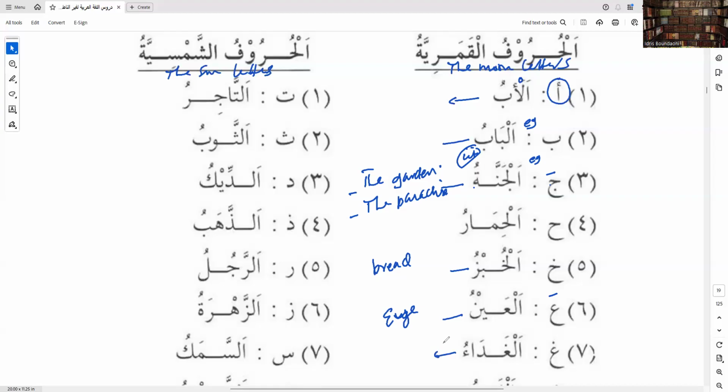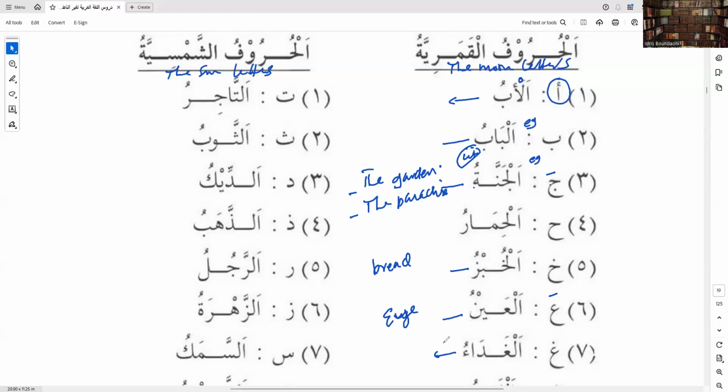So you can see that with the qamariya letters, we are saying al-abu, the first one, al-babu, al-jannatu, al-himaru, al-khubzu, and then we say al-ainu. One more time, al-ainu. And then we have al-ghada'u.